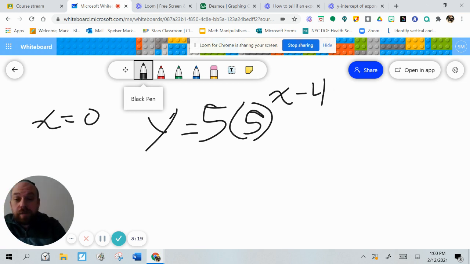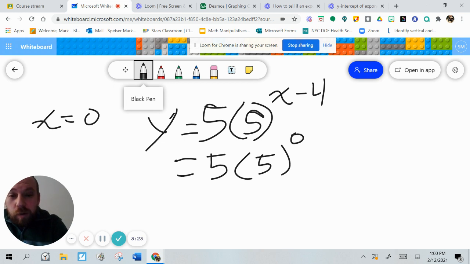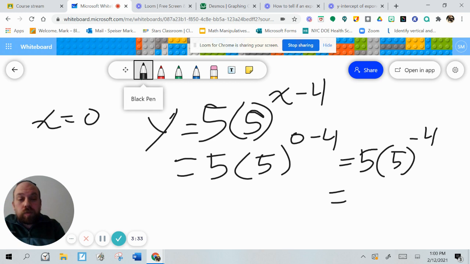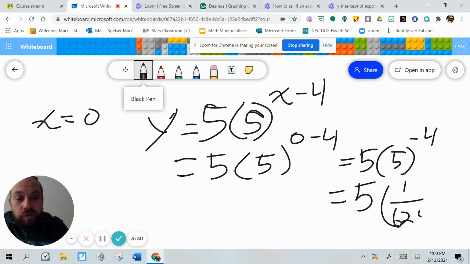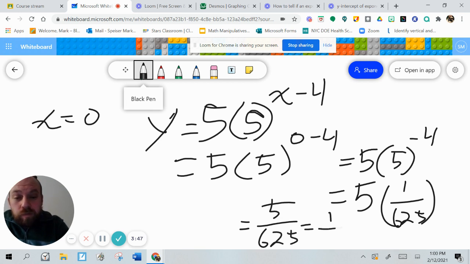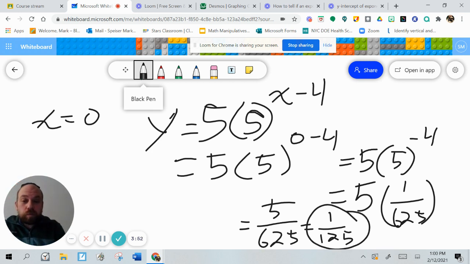You can rewrite it as 5 times 5 to the 0 minus 4 power, or 5 times 5 to the negative 4th power. 5 to the negative 4 power is 1 over 625. So 5 over 625, which simplifies to 1 over 125.